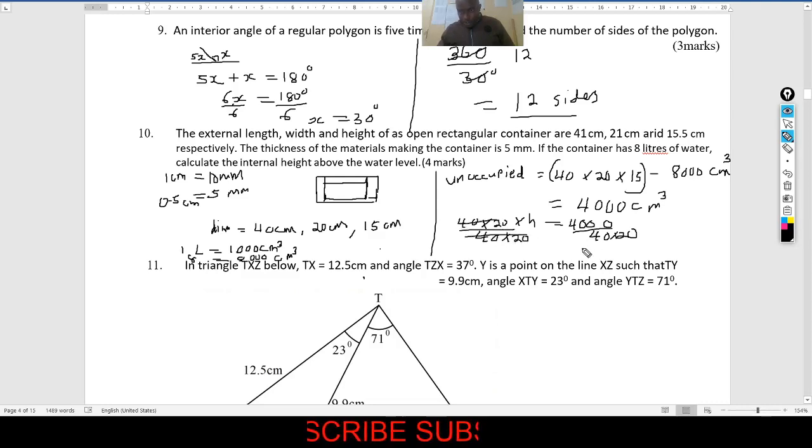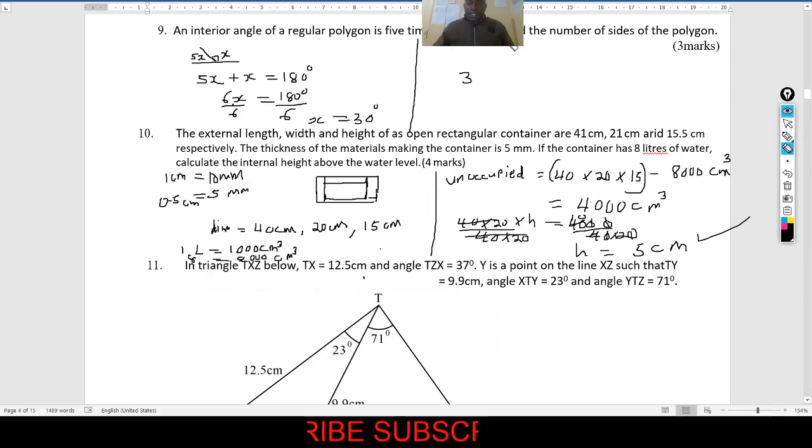This and this cancel, so h becomes 10 divided by 2, which is 5 centimeters. That is the height that is uncovered, above the level of the water. It is 5 centimeters. Now we go to the next question.